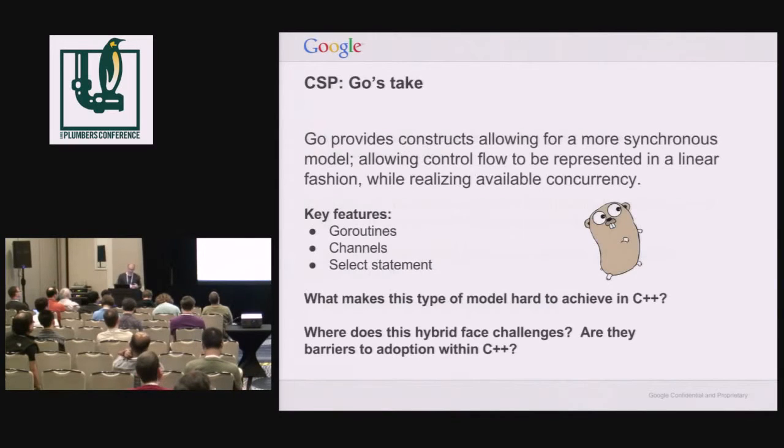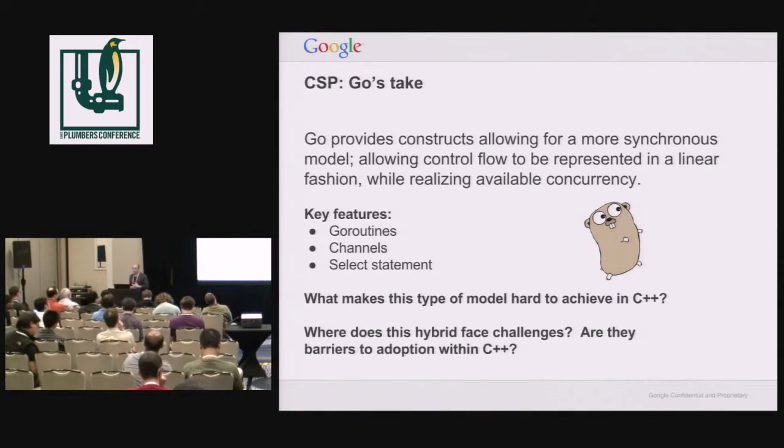So we actually looked at, this dates all the way back to old research called CSP. Which basically introduced the idea that if you have these concurrent executing processes and you have a nice way of communicating between them, you can have a fairly synchronous programming model. And Go had a fairly good take on this. They have goroutines, which are very lightweight threads.